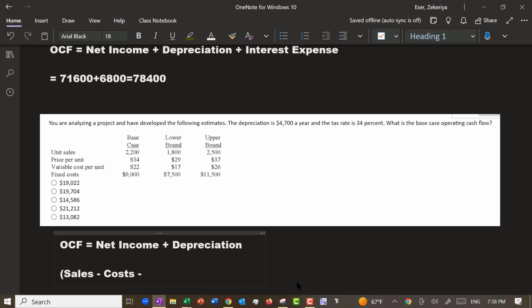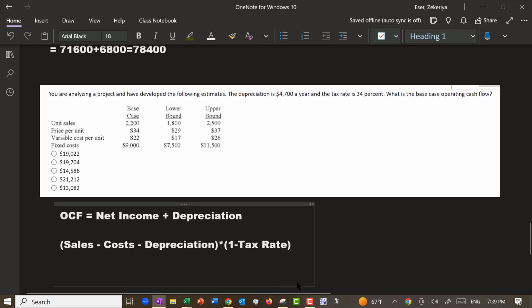So sales is unit sales times price, which is 2200 times 34.